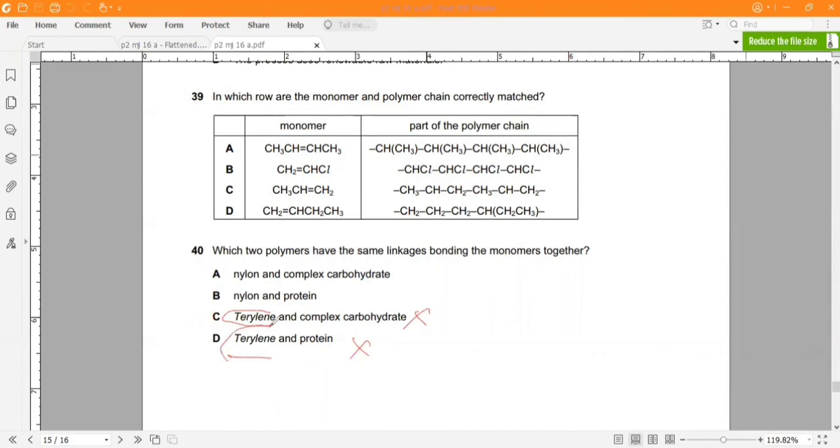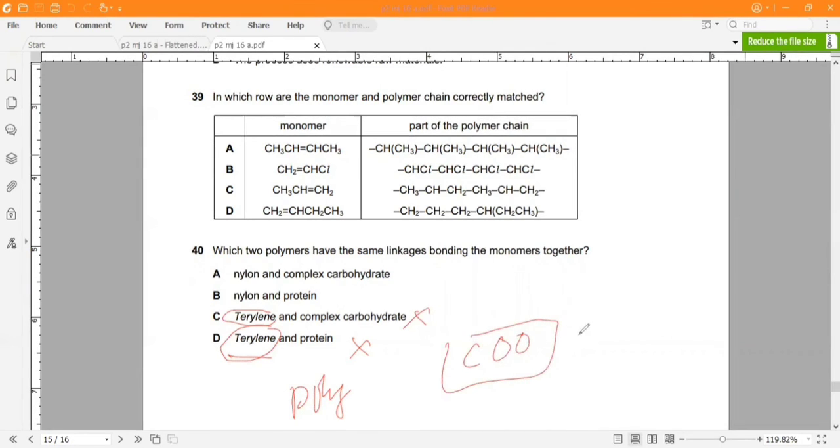Pterylene actually means polyester. We call it polyester. Polyester will have an ester link, that is COO. This link is known as the polyester link, which you can find in pterylene. So this last option is also wrong, because protein will have an amide link and pterylene will have an ester link.